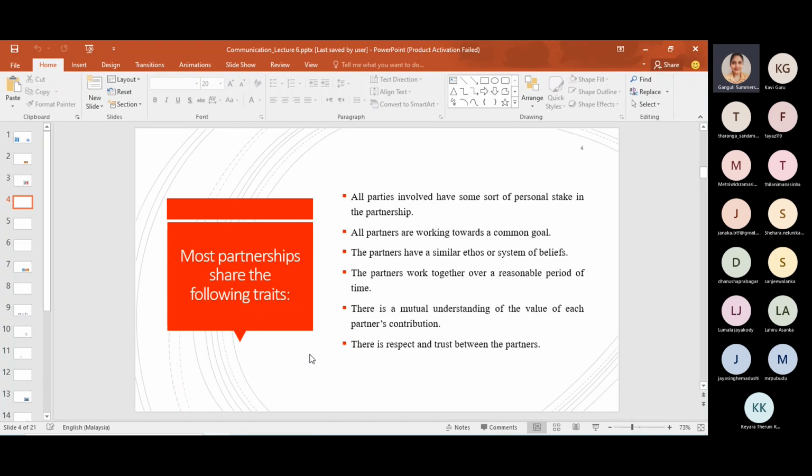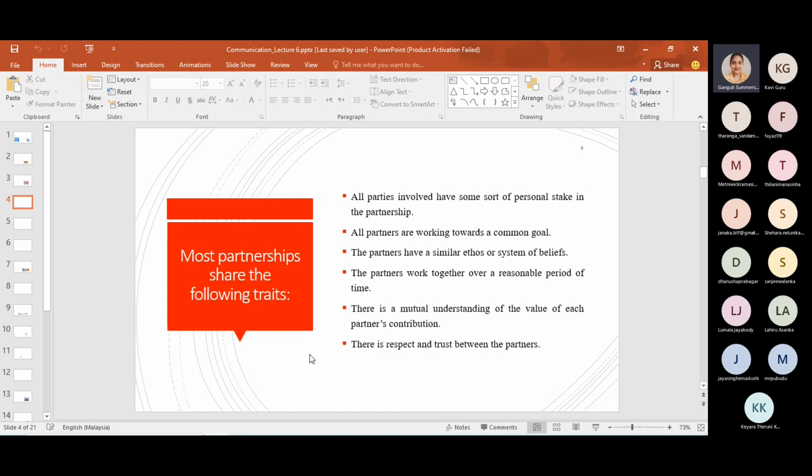Okay, because guys, otherwise, if there are no personal benefits for an organization, they will not enter a partnership. The organizations or the companies will enter partnerships only if they get something in return.